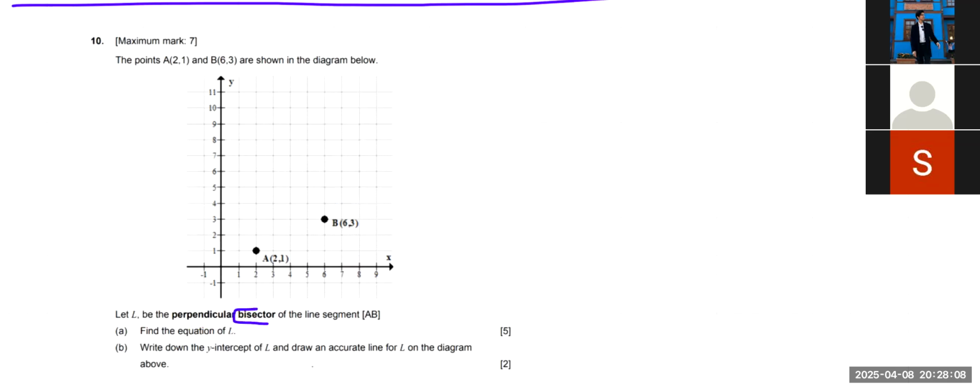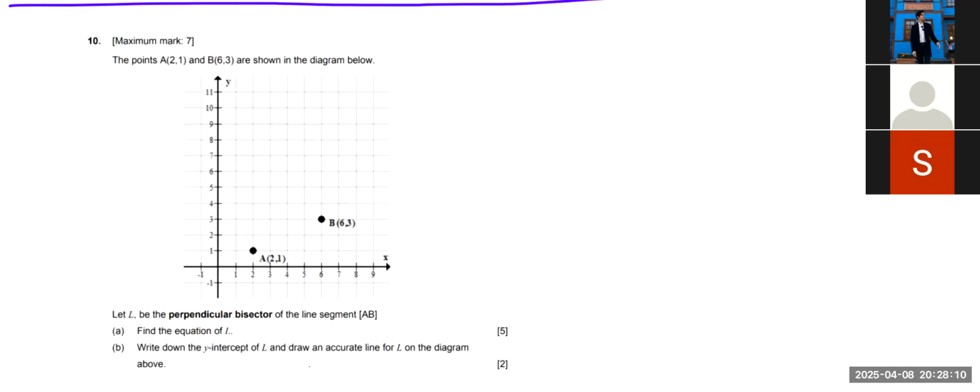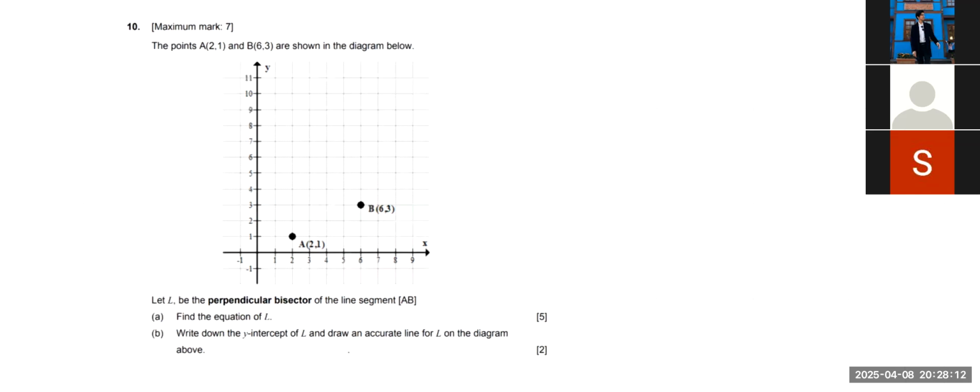What is a bisector? Okay, so L, the line we are interested in, is the perpendicular bisector of line segment AB. First of all, what is line segment AB? It is basically this line. Now perpendicular bisector. What does bisector mean? Bisector means something that cuts something in half. Okay, so it cuts you into two sections.